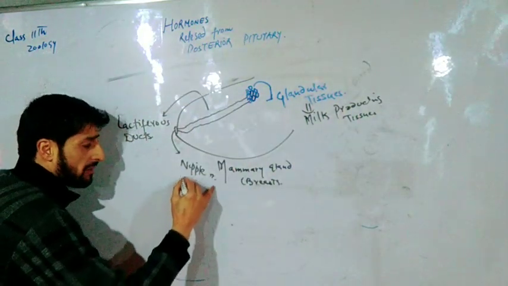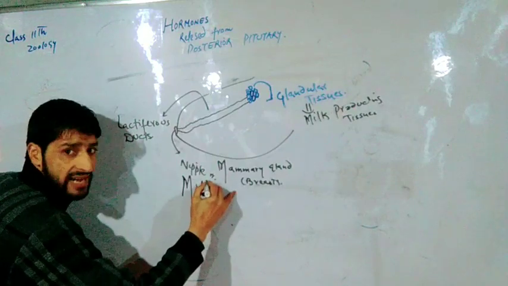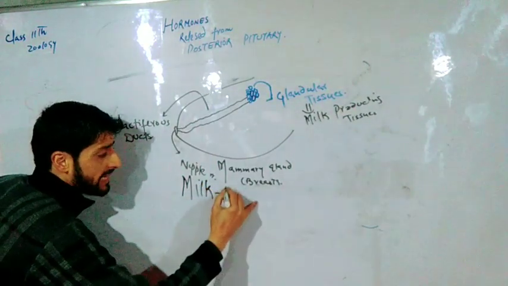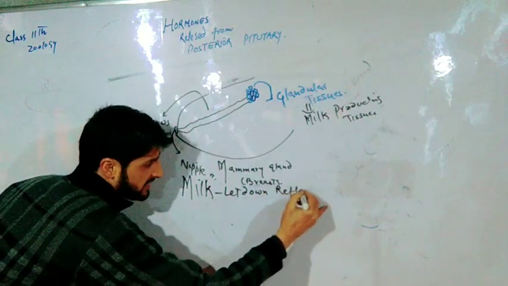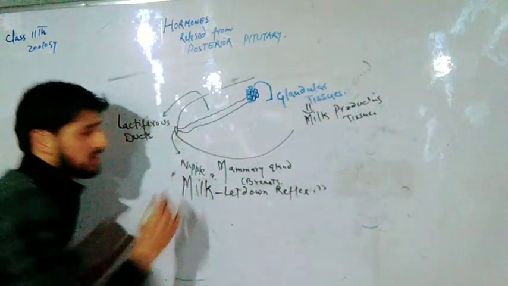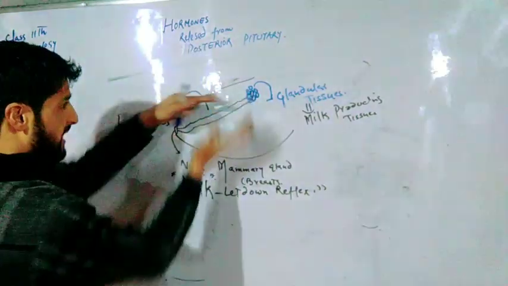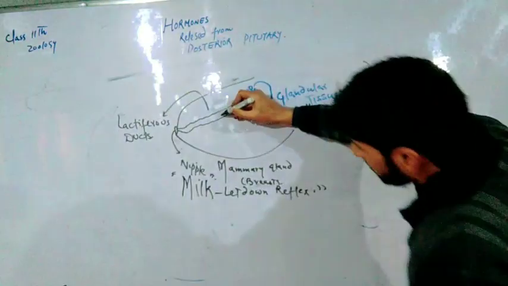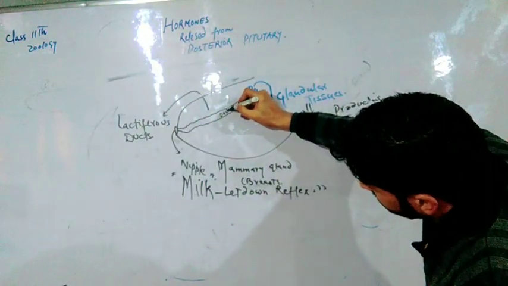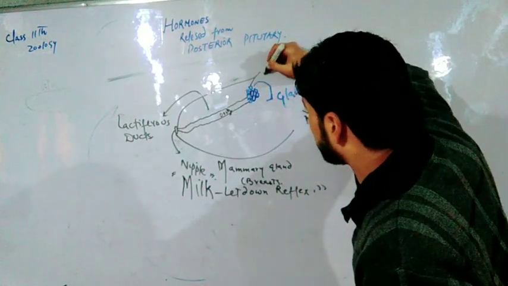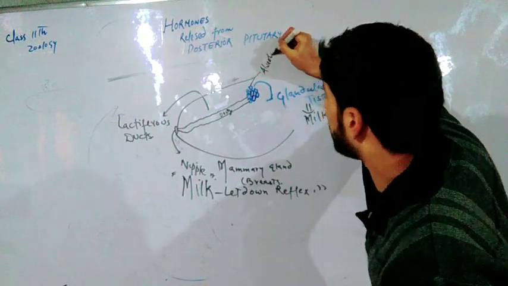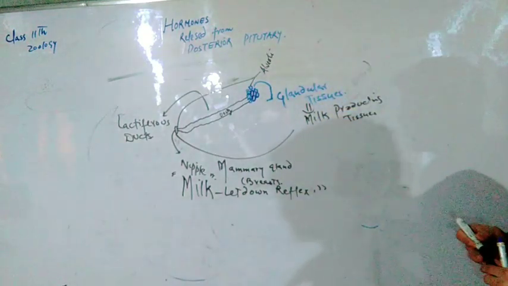That we call the milk let down reflex. This milk let down reflex is caused by the contraction and relaxation of these ducts, as well as these structures that you call alveoli, or simply glandular tissue.